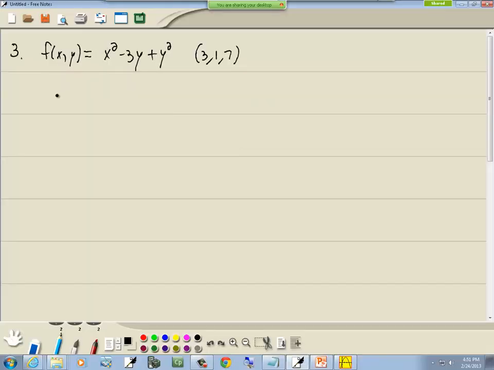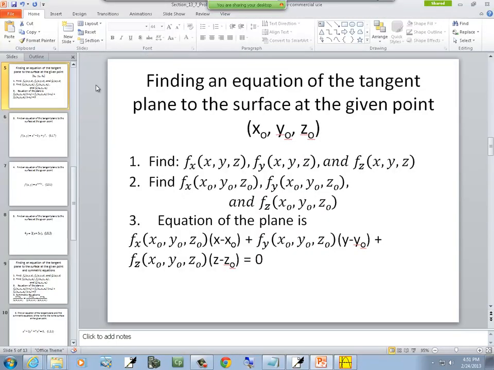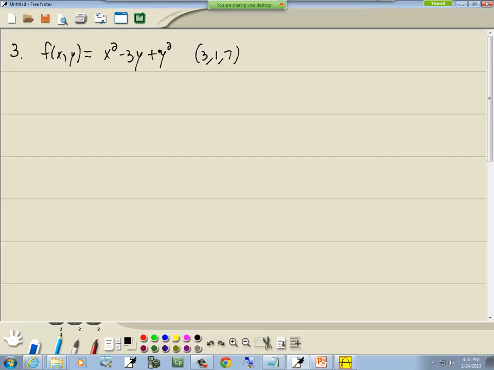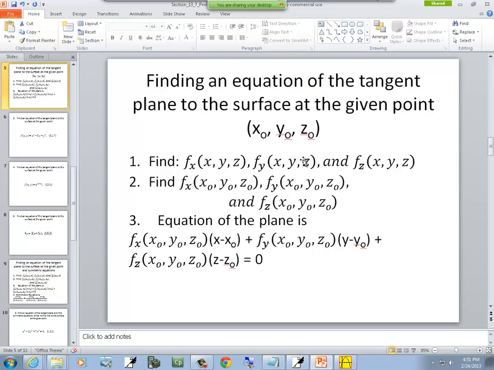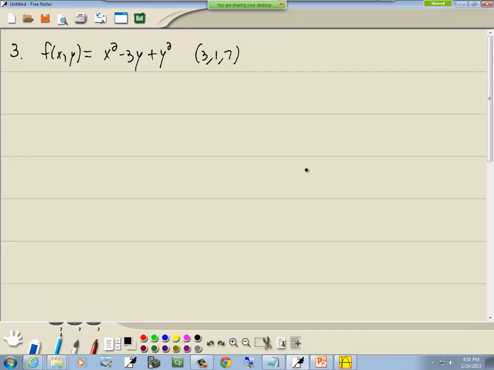Now, you won't necessarily have all of these in this one. Actually, never mind. No, I'm thinking, because what do we have here? We have z, right? So we got z is equal to x squared minus 3y plus y squared.